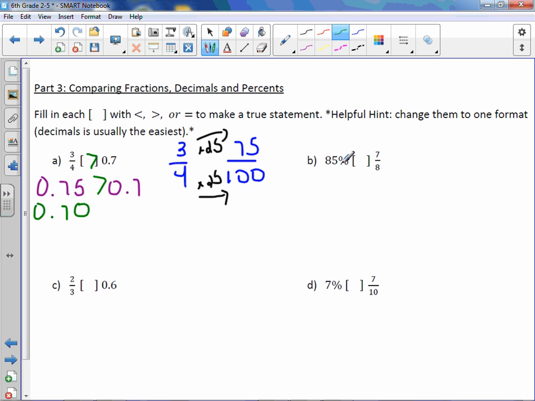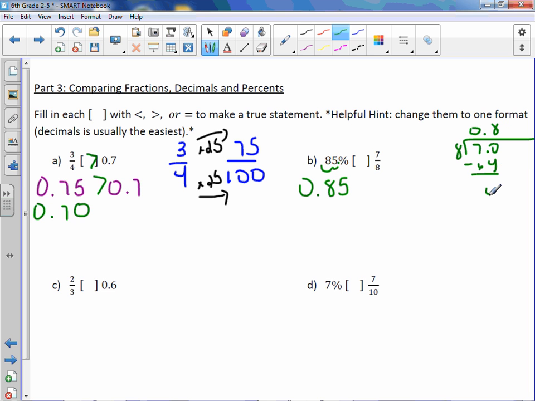Letter B, you can use your shortcut for 85%. The decimal is at the end, move it 2 to the left. You get 0.85. And 7/8 we are going to have to divide. 8 can't go into 7. Add a decimal point and a 0. 8 into 70, 8 times, which is 64.